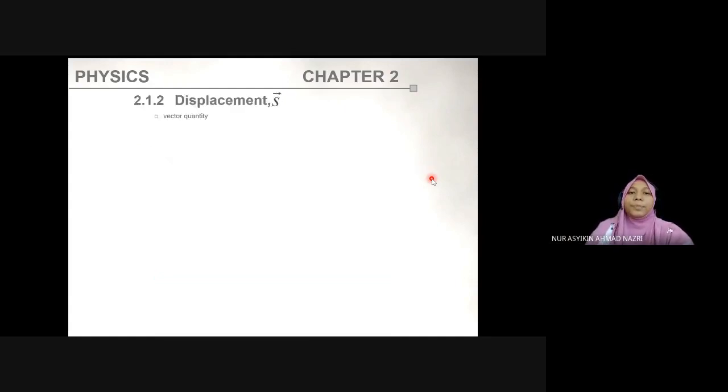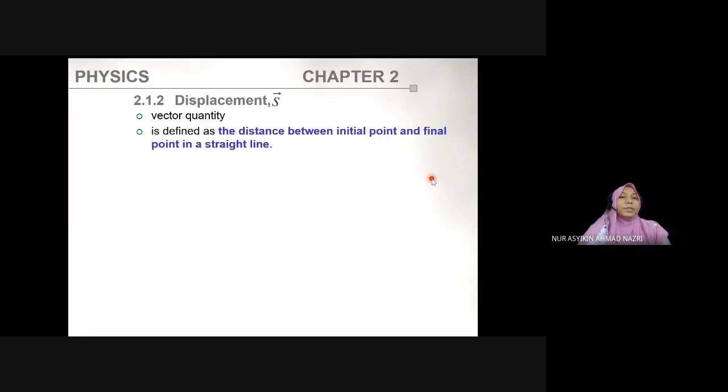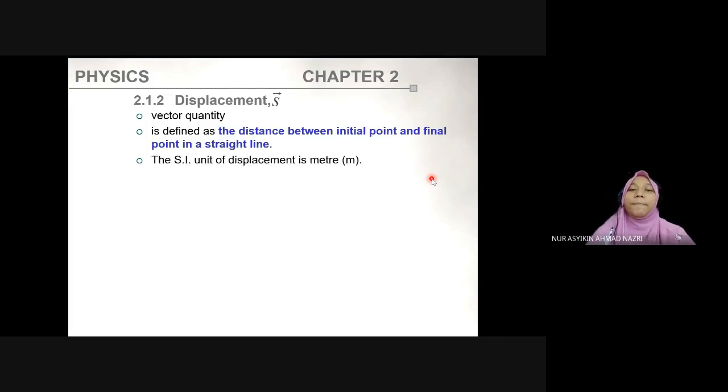So different with displacement. Please replace the displacement S2 dengan X. So because we guna X kan. Okay, so is defined as the distance between initial point and final point in a straight line. Okay, so displacement same unit. Okay, so maksudnya kalau dia minta distinguish tu jangan please not to talk in terms of the unit.